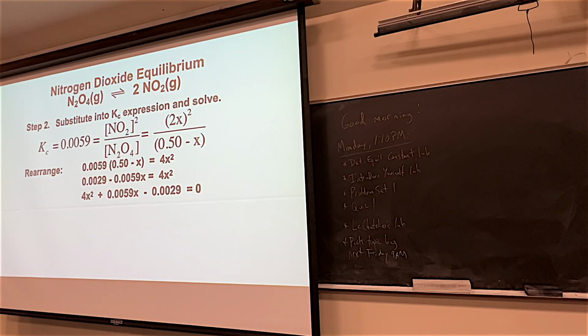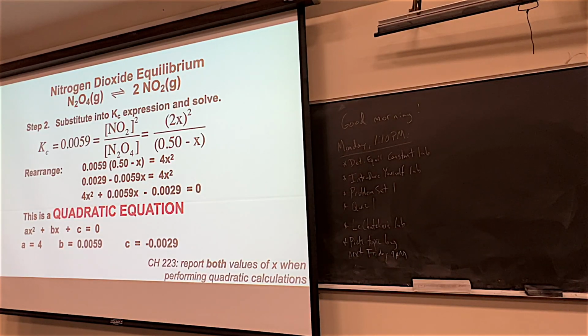So if you rearrange one more time, 4X squared, put all these on the other side, plus 0.0059X minus 0.0029 equals 0. The reason that we've written it that way is because this is a quadratic equation. I know you've all done something like this before. It may have been a while since you've done it, and that's okay too. But this is something that can definitely be solved.